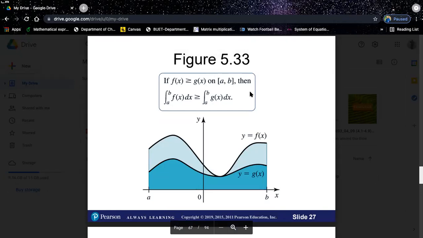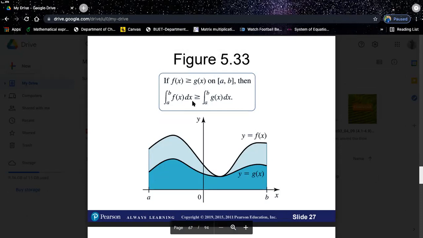So if you have two functions and your first function is greater or equal than the other function, then the area under the same, I shouldn't say under, the area within the same interval would be behaving the same way.